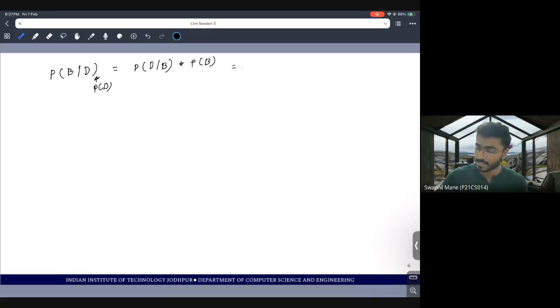So by simplifying it, we get the probability of B given D, where B is the company supplied and D is defective. That is the probability of D given B, times the probability of B, and the probability of D comes here, because we need to identify the probability of B given D. So let's calculate.